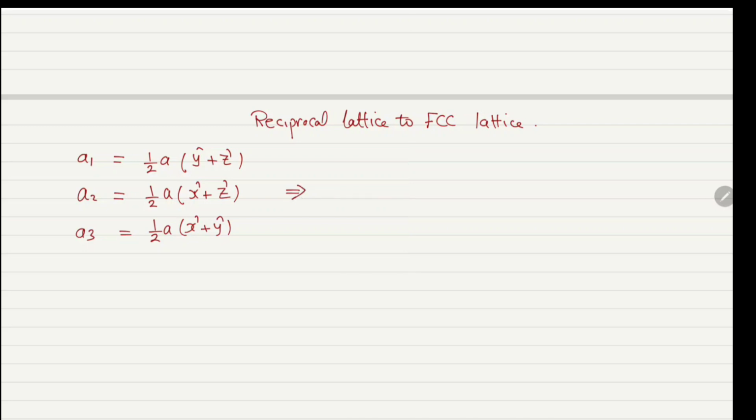And the volume of the primitive cell in real space, V equal to A1 dot A2 cross A3, all vectors by the way, is equal to A to the power 3 over 4.